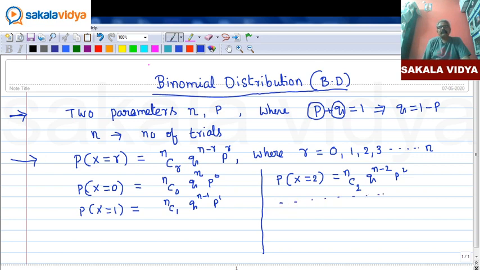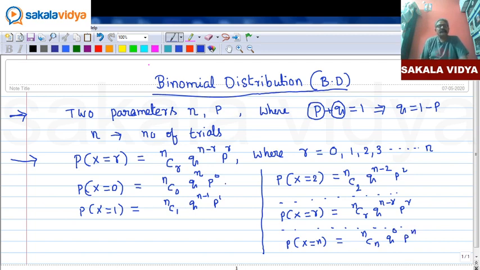Similarly, the general probability of getting r successes, P of X equal to r, is nCr q to the power of n minus r and p to the power of r, and so on. If you write P of X equal to n, you get nCn q to the power of 0 and p to the power of n.